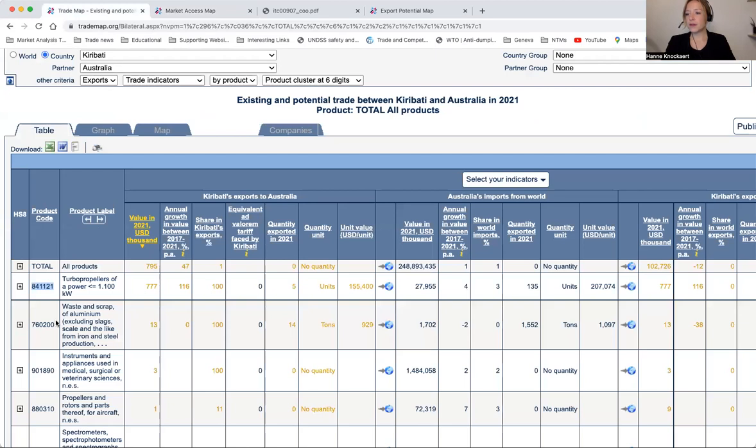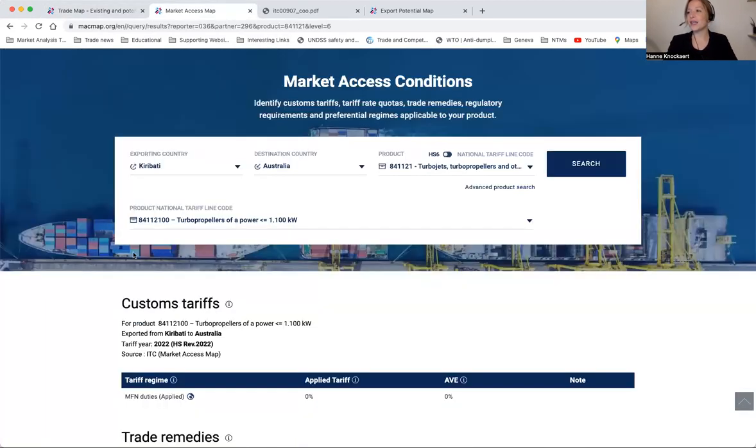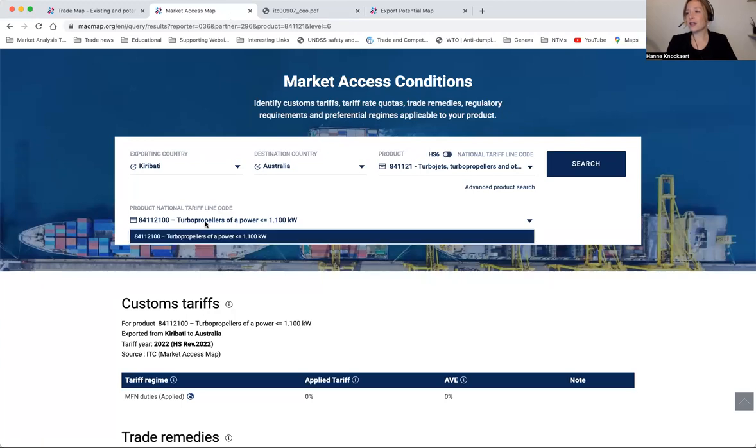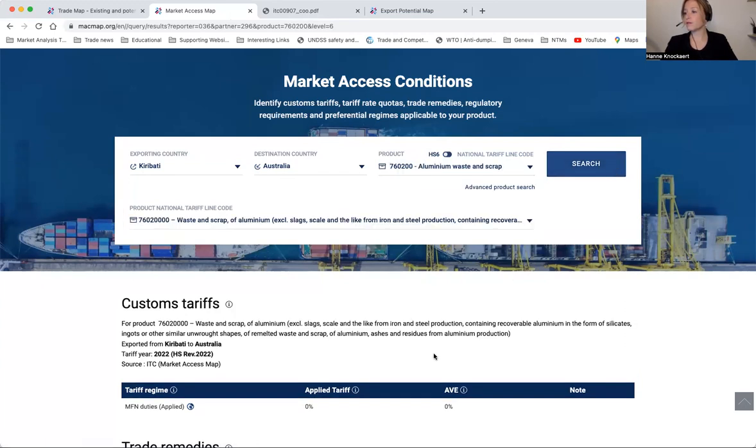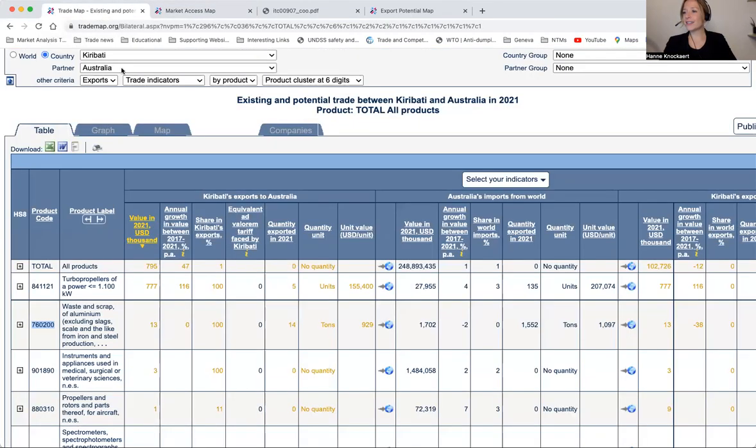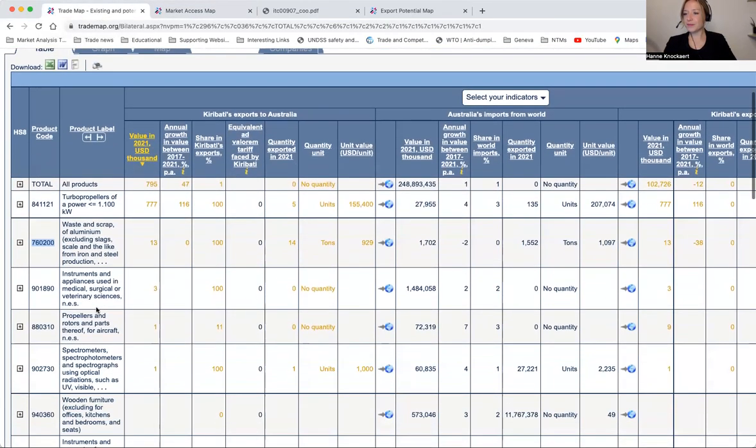What else? Let me try this with a few other products. I just want to show you this. Australia does not levy a lot of taxes, import taxes, I see.